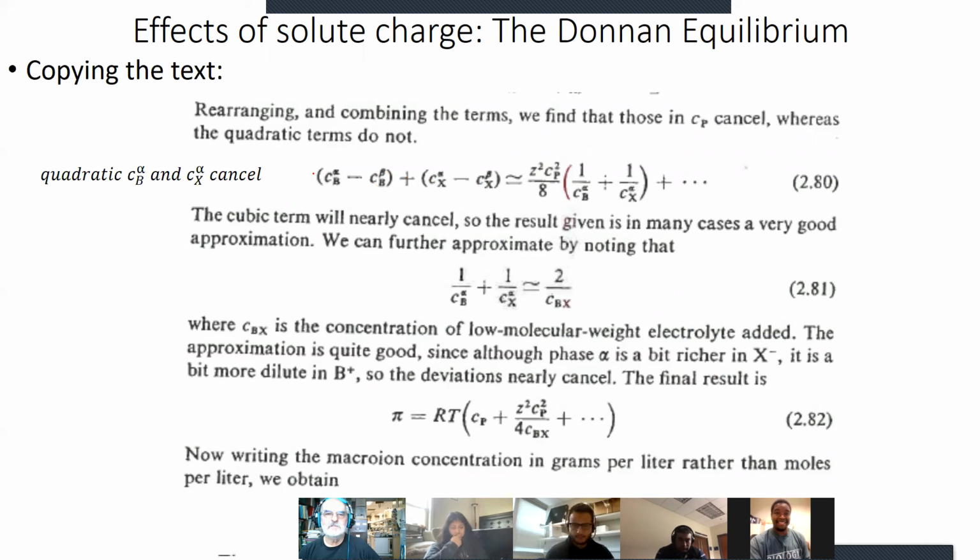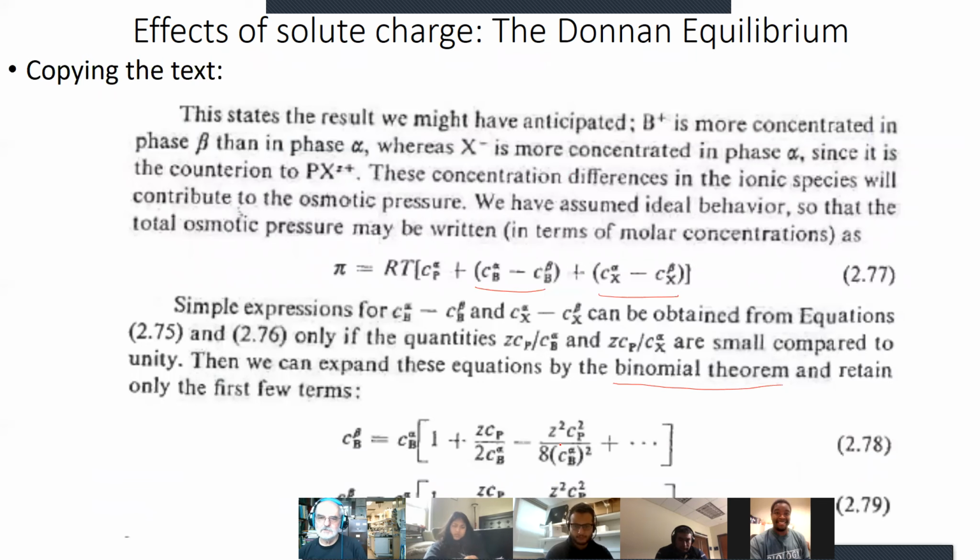So when you do this rearrangement in algebra, what you'll be left with is this Z squared CP squared over 8. So in other words, these two terms will sum, but then we're going to take the CB alpha and the CX alpha outside.